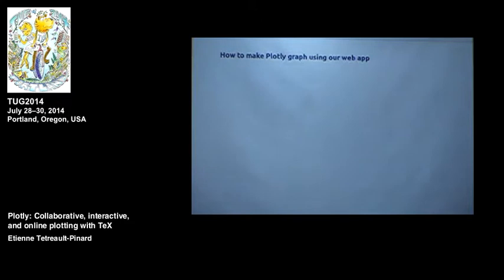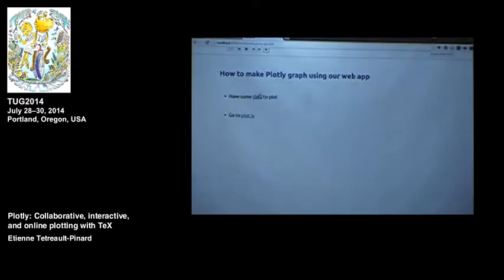Okay. All right, so now I'm going to make a demo. The cool thing about Plotly is you don't have to code to get a graph out. You can also use our web application, which kind of works like an Excel spreadsheet, roughly. So let's do this. So let's get some data. So I got a link here.